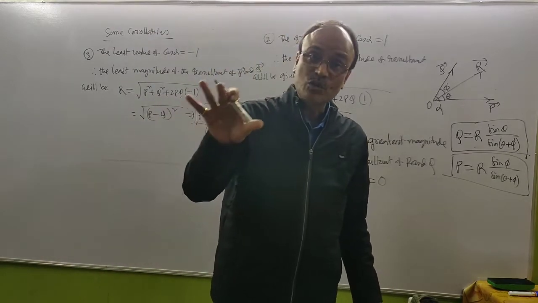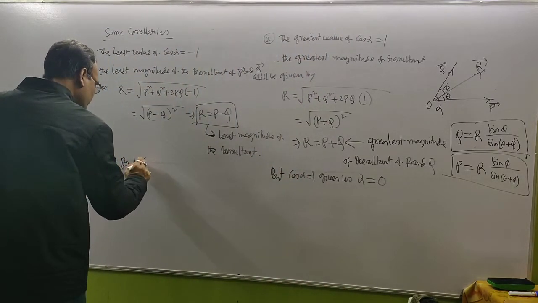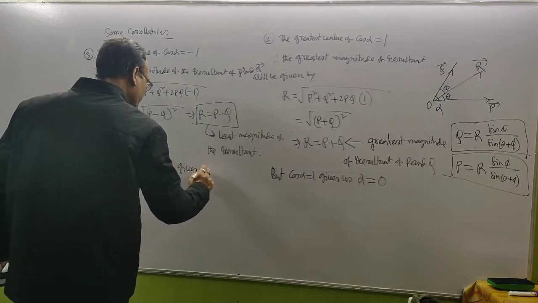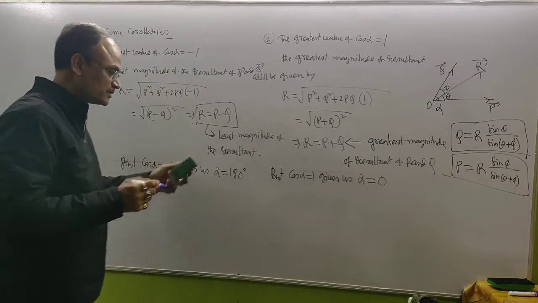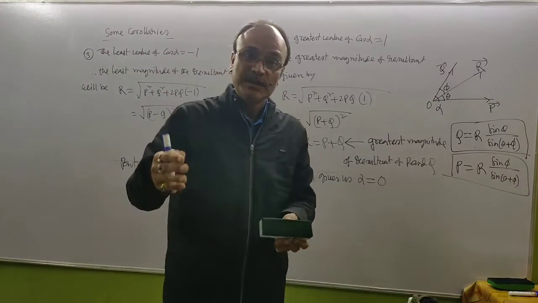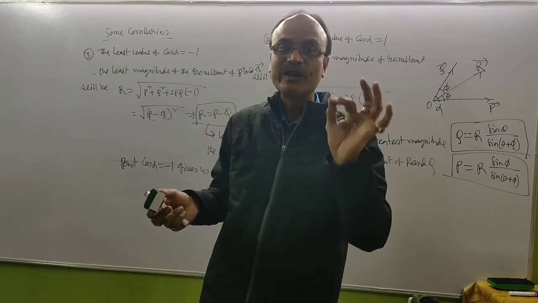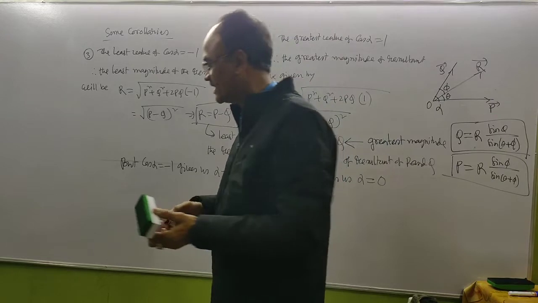But cos alpha equal to minus 1 gives us alpha is equal to 180 degree. This means when the forces are in opposite directions, we get the least magnitude of resultant.